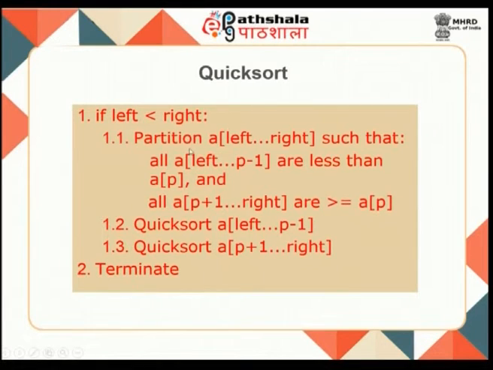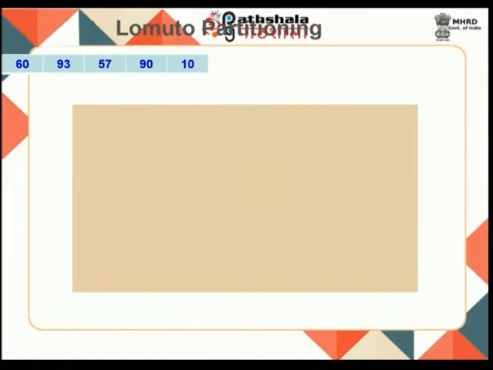We partition, and once we partition we have subarrays. We call quicksort recursively on them so that the sublists become sorted, and finally the assembly can be carried out. The more crucial thing in this algorithm is partition, how to partition the array using the pivotal concept.